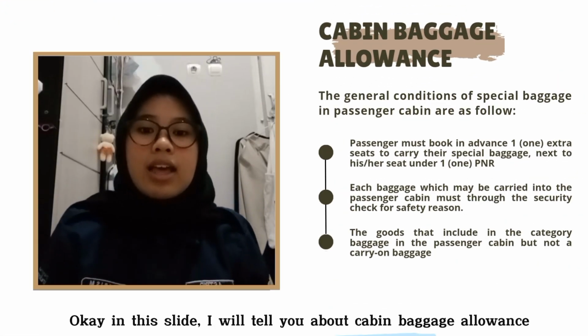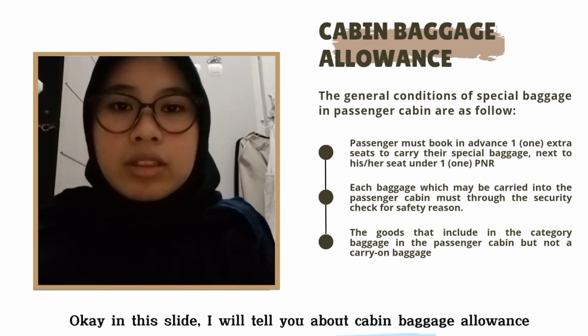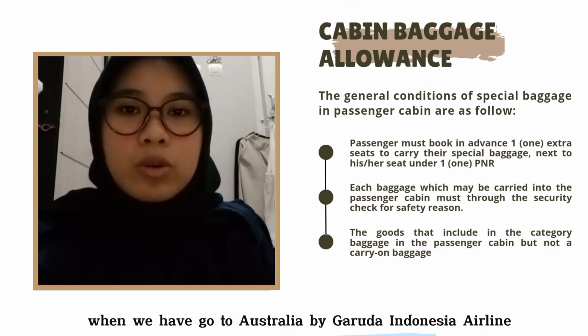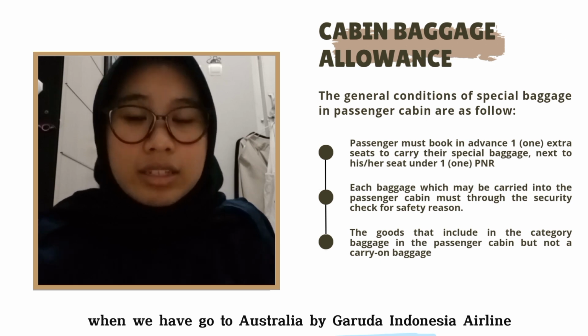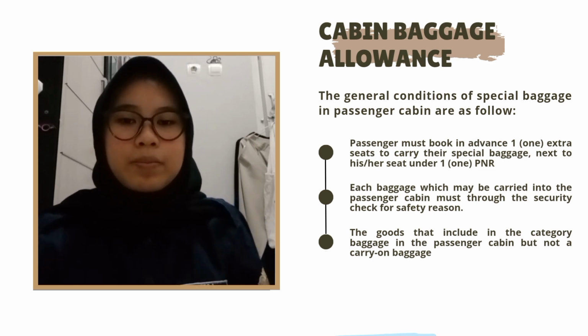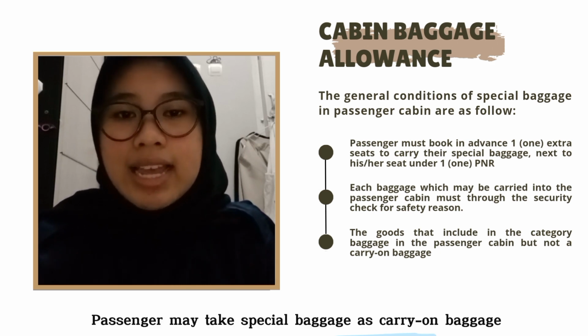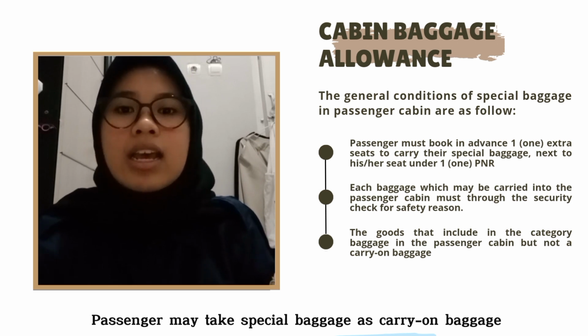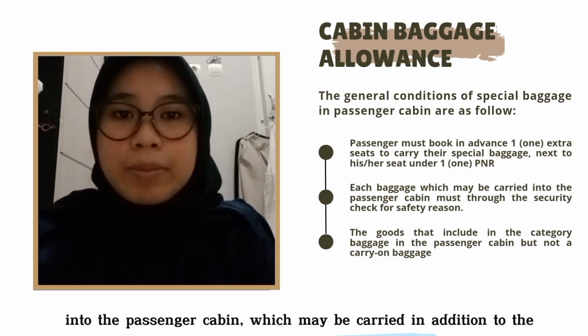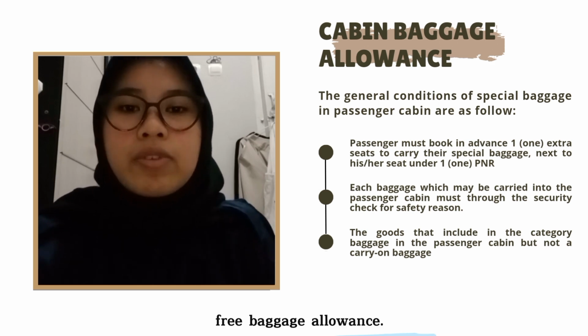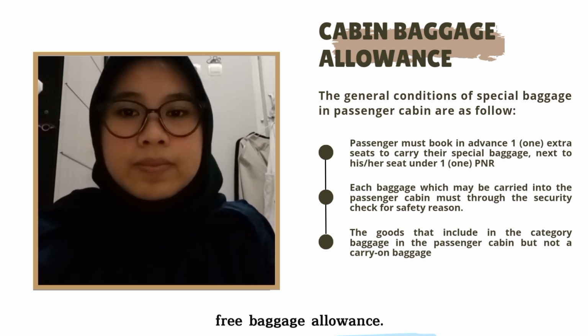Okay, in this slide, I will tell you about the cabin baggage allowance when we go to Australia by Garuda Indonesia Airlines. Passengers may take special baggage as carry-on baggage into the passenger cabin, which may be carried in addition to the free baggage allowance.